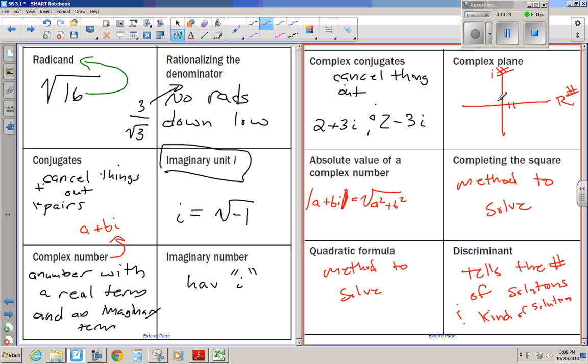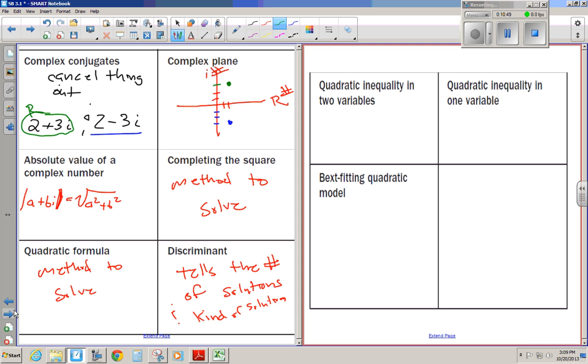So basically, if you had the number 2 minus 3i, that would be a 2 real and a minus 3 imaginary. This one would be 2 on the real scale and then 3i on the imaginary. So that's how that works out.